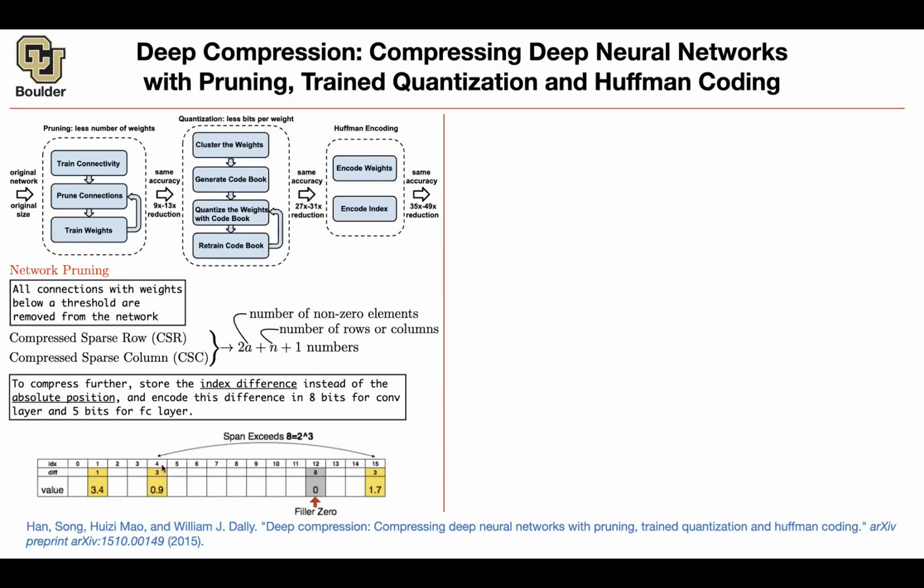And what's the difference? 1, 2, 3, 4, 5, 6, 7, 8, 9, 10, 11. So the difference is bigger than 8. You're going to put a dummy value here at the 8th position. You fill it with zeros. And then the next one is easy, because you can store the difference as the number 3 rather than the number 15. So this way you're making more efficient use of the memory by storing index differences.